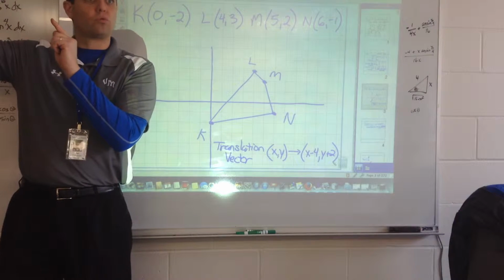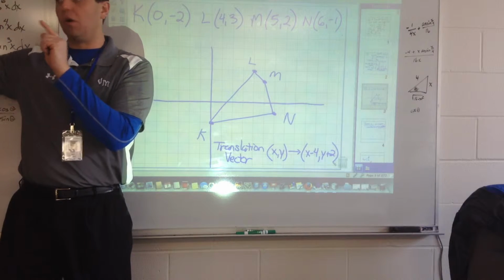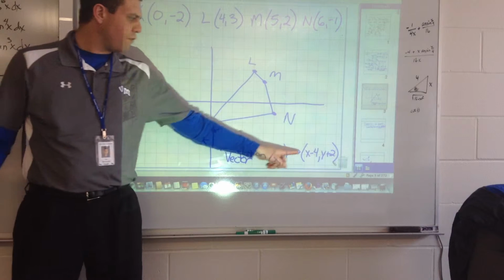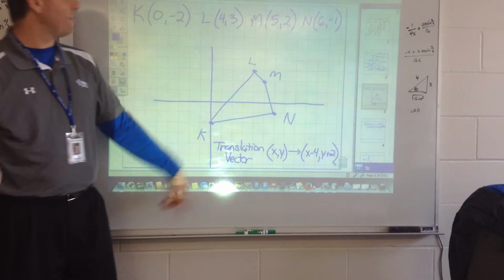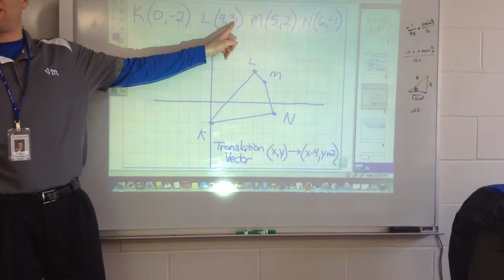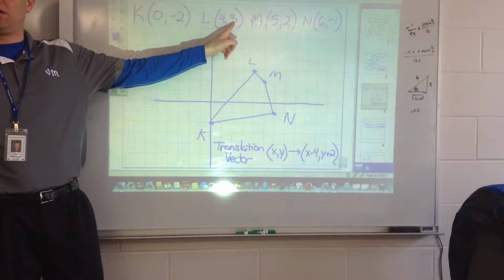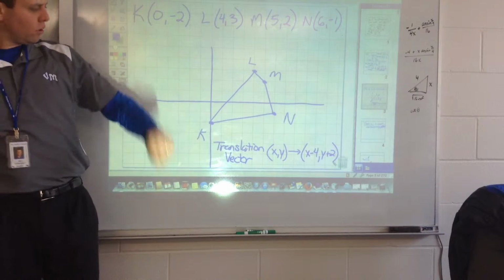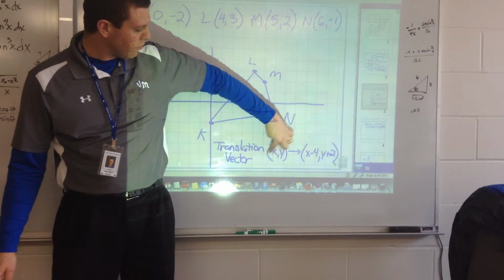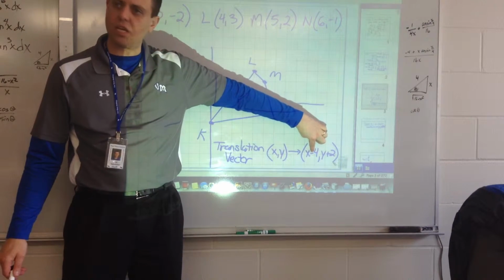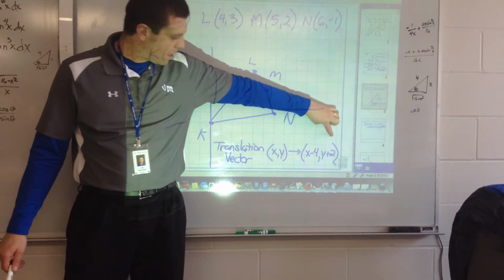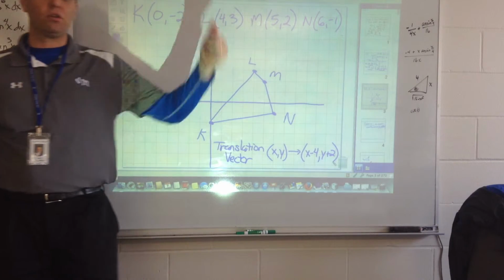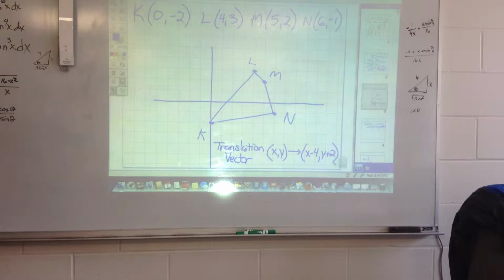Towards the negative, or towards 0 or into the negative, whatever it might be. If you add 2 to y values, like if you add 2 to that 3, it becomes a 5, right? Won't that be further up on the graph by 2? So really what this is saying is take every coordinate and move it to the left 4 and then move it up 2 units to get your new coordinates.